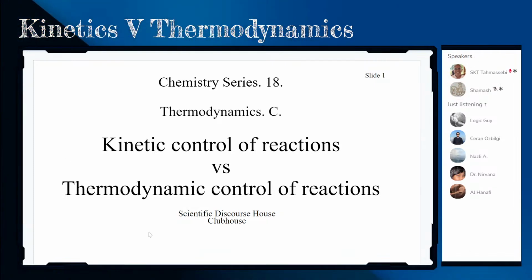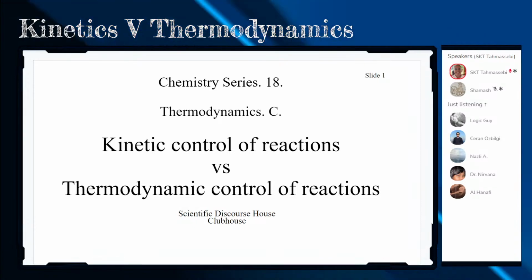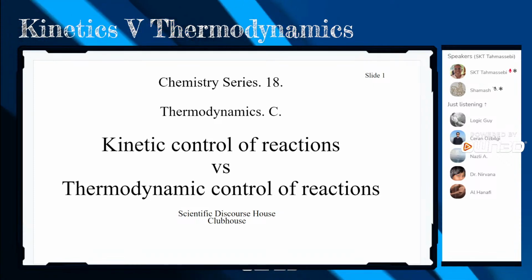All right. Okay, so let's start with Chemistry Series 18. We're continuing with our thermodynamics conversation. The last two times, subparts A and B of thermodynamics, we introduced thermodynamic concepts and terminology, nomenclature.